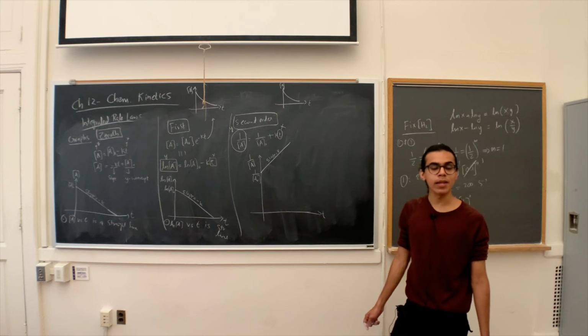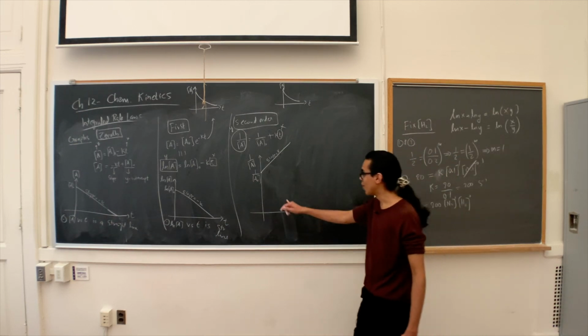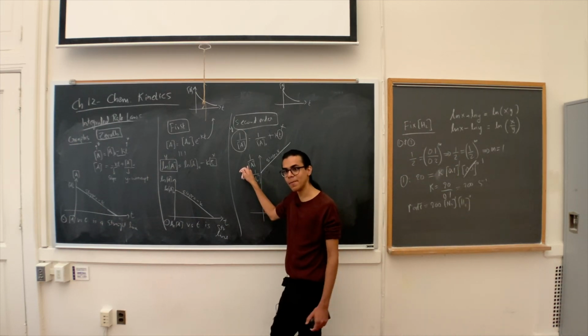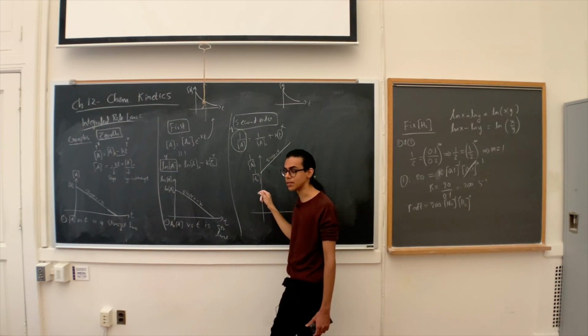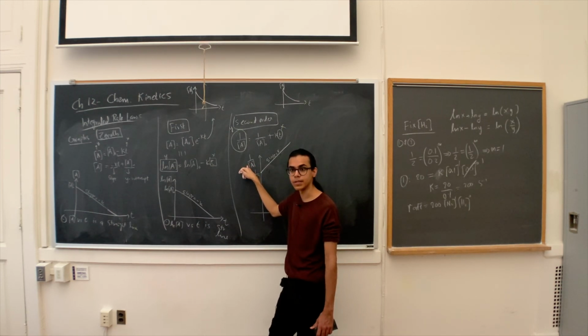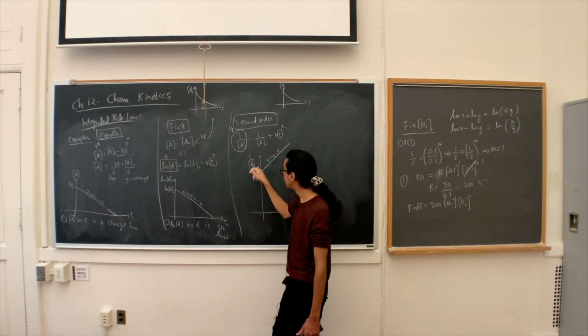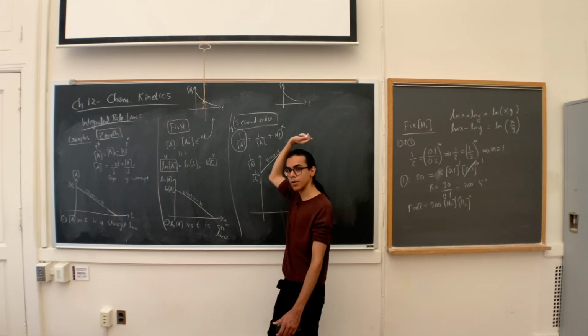If A is going down, what would happen to 1 over A? It will go up, right? That's the solution. Because this is not a graph of A versus t, this is a graph of inverse of A versus t. So this is as expected. Reactant is indeed going down, but since this is a plot of 1 over A, it goes up.